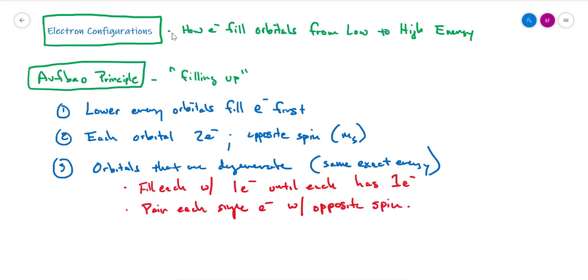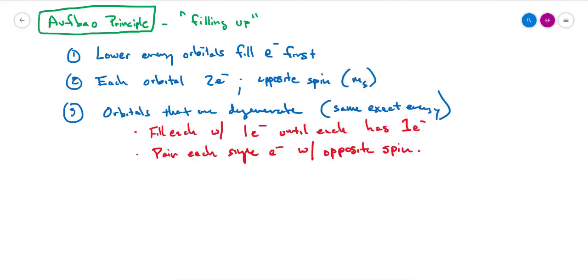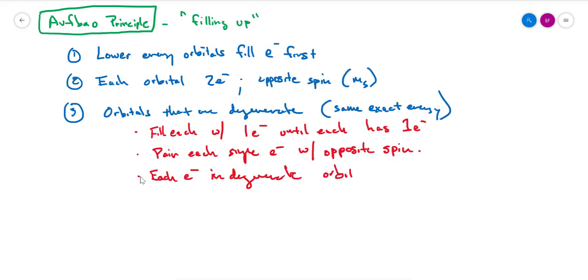This will make a little bit more sense once we actually do an example. Each electron in a degenerate orbital has the same spin.